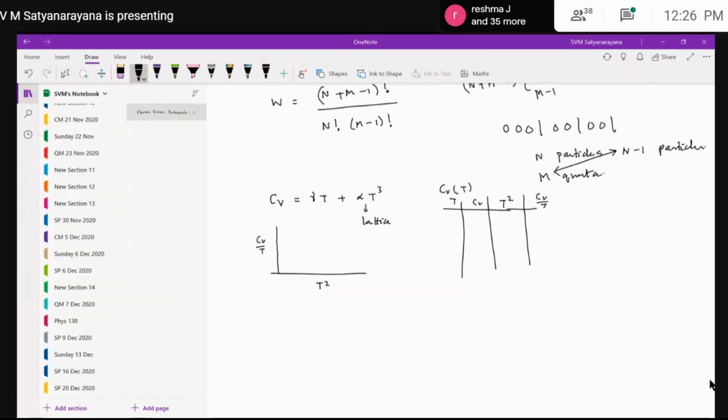Then you will get a straight line. If you are getting a straight line in this graph, it means that the CV is like this, and you can get gamma and alpha from here. Okay, so that is the way to extract information about the linear dependence of specific heat.